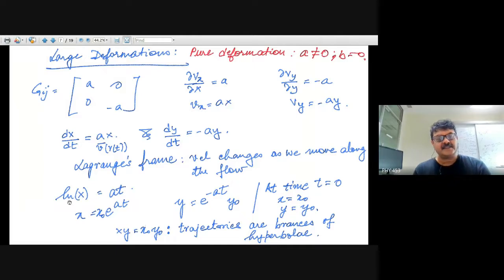And then, putting in the constants of integration, you'll get x equal to x0 e to the power At. So if a fluid element initially was at x0, then under such a velocity gradient tensor, under a tensor which defines such a flow, x would go like this and y would go like this, right?